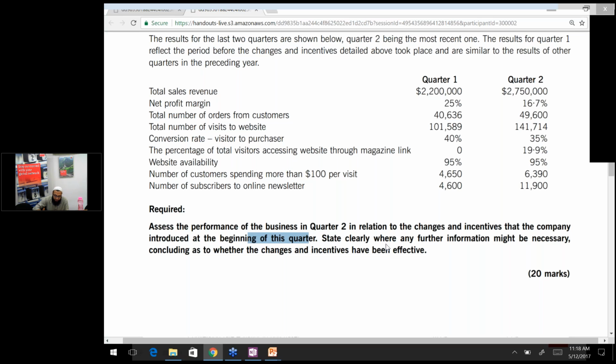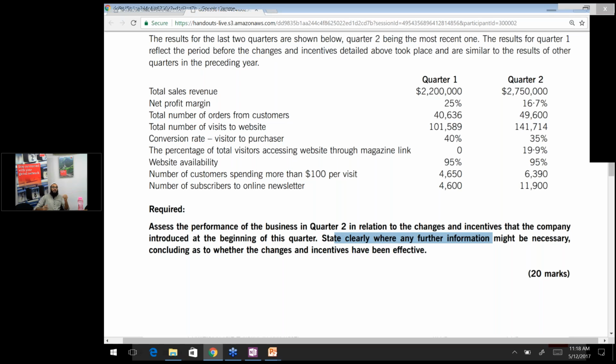Plus, your examiner is allowing you to clearly state where you require further information. Sometimes we do not know how to use this. So if there is any lack of information, you mention to your examiner that this is something we need to have more grip on. We don't have any information in this regard. So you can mention that.